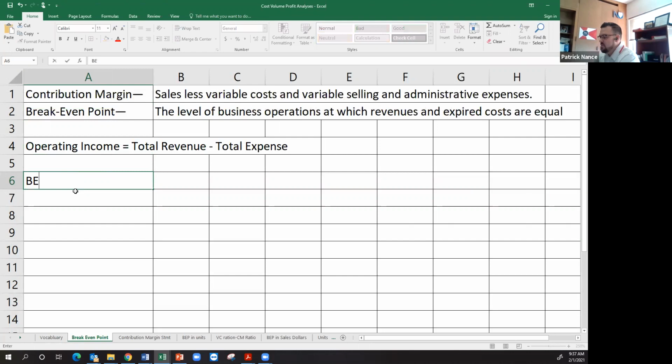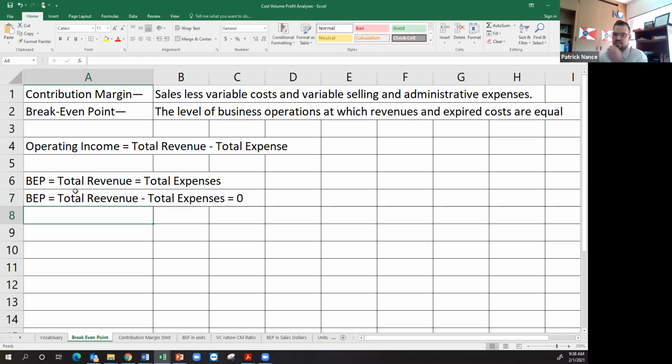So at break-even point, my total revenue equals my total expenses is one way to say it. Also at my break-even point, my total revenue minus my total expenses equals 0. So all those things are just saying the same information more than one way, basically.